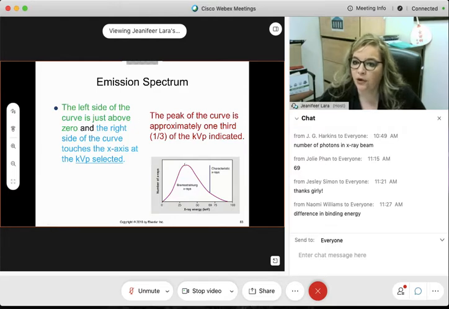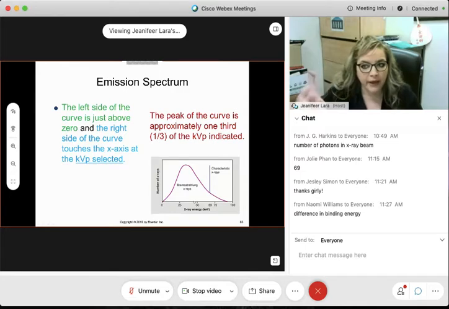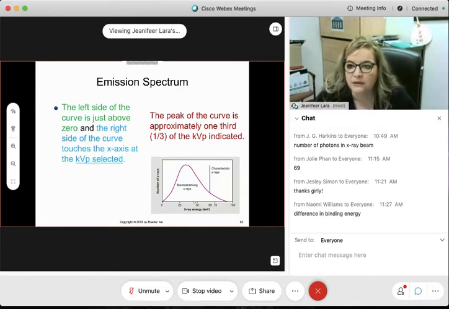The peak of the curve is about 1/3 of what we selected. So what does that basically say? Most of our photons, does everyone see me? Most of our photons under this peak of the curve are valued between 25 and 45 keV. Not at the 90 kVp we selected.